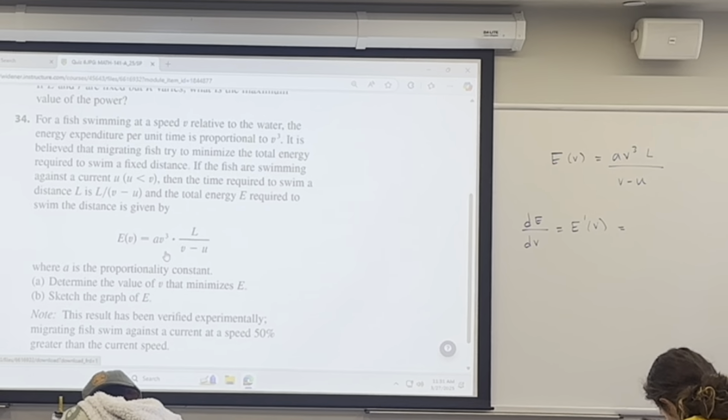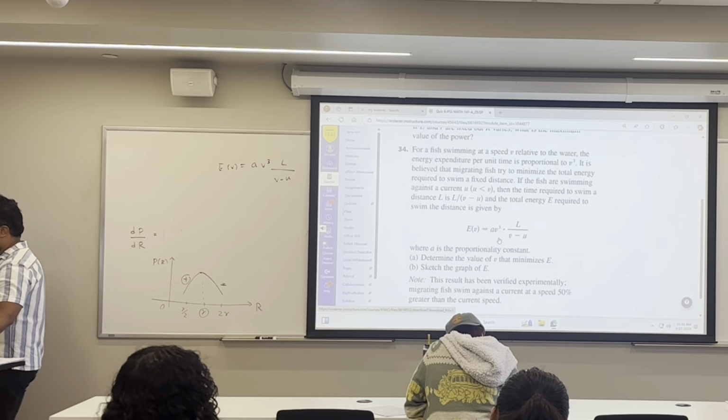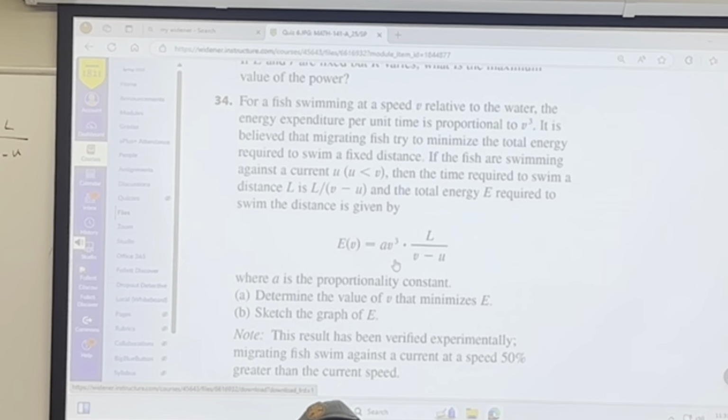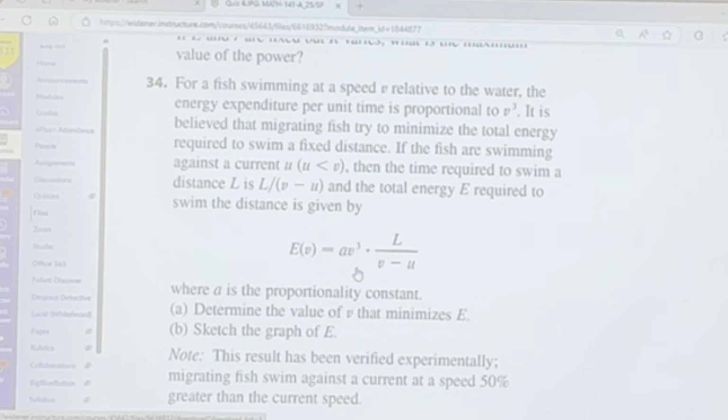I'll give you 3 minutes. You can try. Determine the value v that minimizes the energy, because the fish has to find the velocity which minimizes the energy.